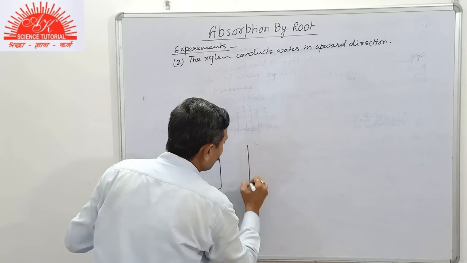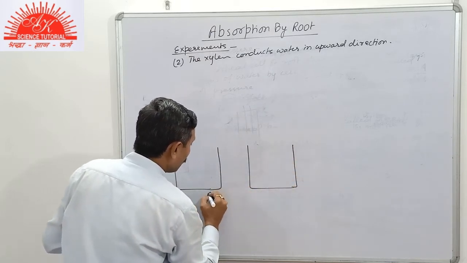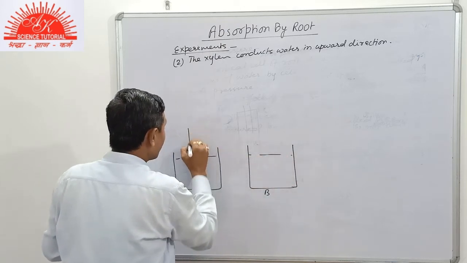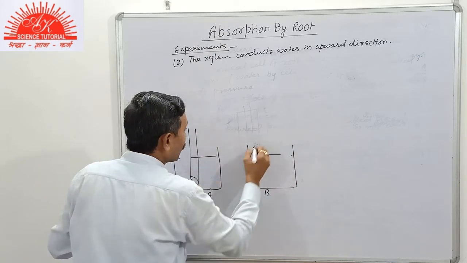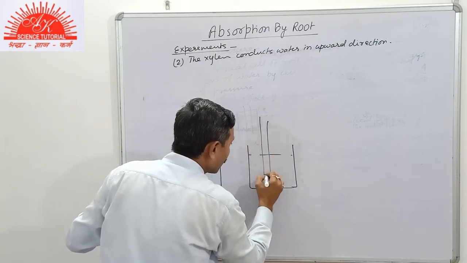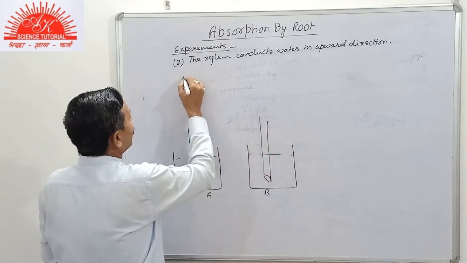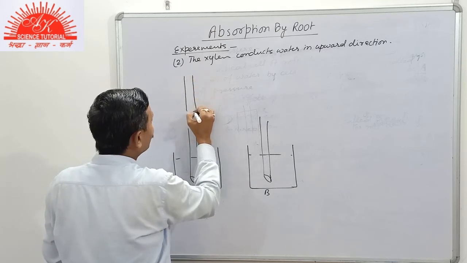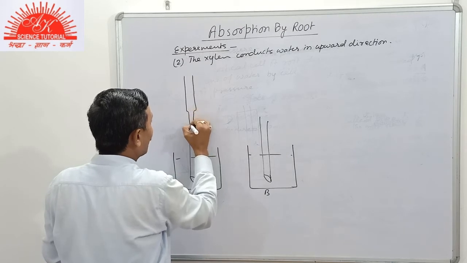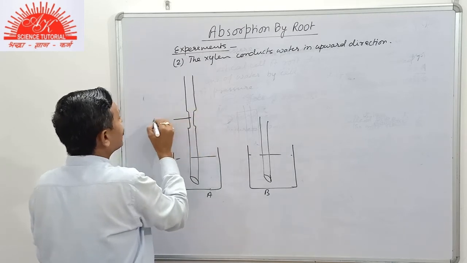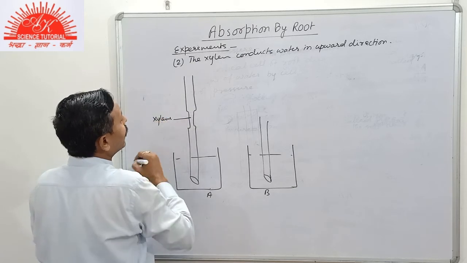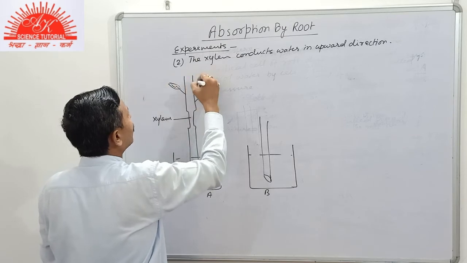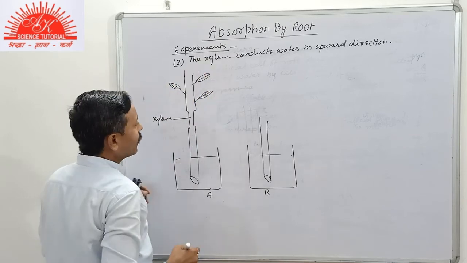Suppose there are two setups. We have taken two leafy twigs, and the lower end is dipped in water. The cut part is obliquely cut. In the first part we remove the outer layer of the stem. Here the outer layer of the stem is removed, hence its xylem will be present in this part. There is the leaf, since it is a leafy twig.